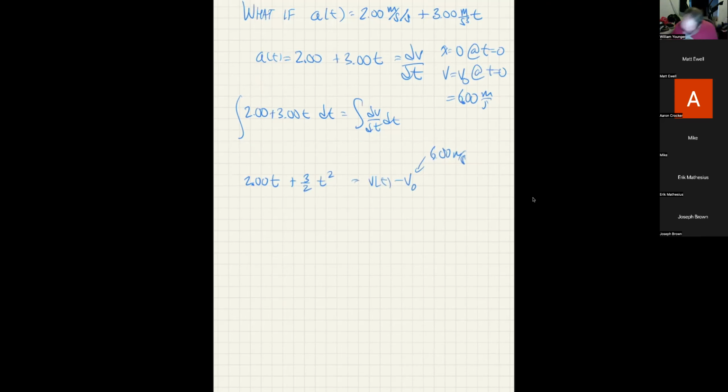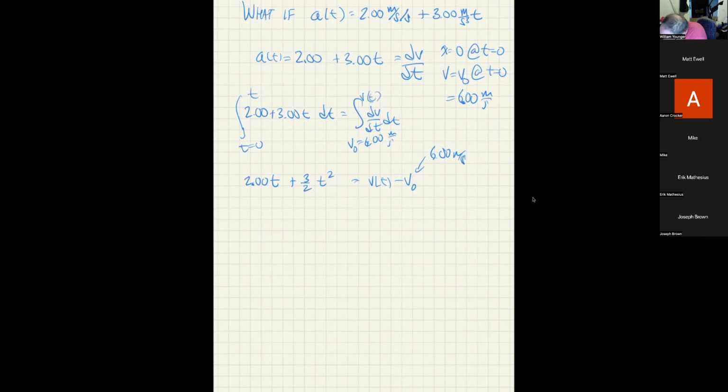All right, that's my watch saying we got 2 minutes left. This, as I said, was from t equals 0 to t, and this one was from V0 equals 6.00 meters per second to V of t.